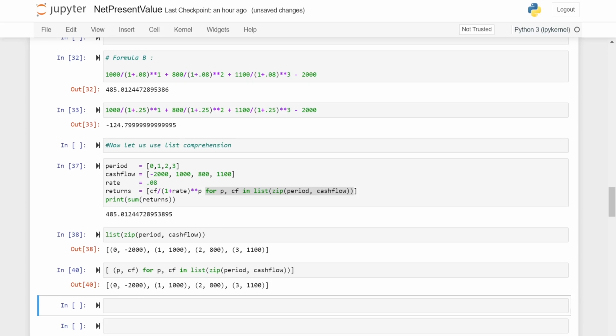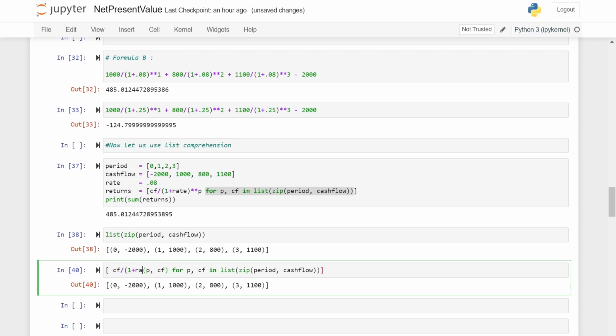Now what we will do is we will say that, look, what you have to do is this CF, cash flow divided. In the very first instance, minus 2000 is coming here. And what is our formula? Our formula is 1 plus rate.